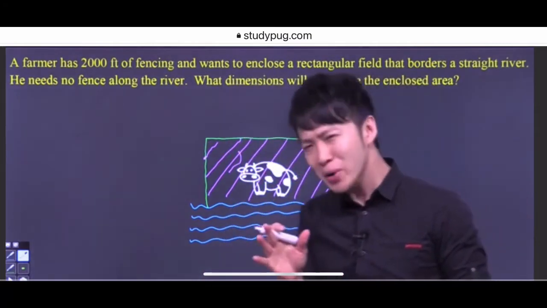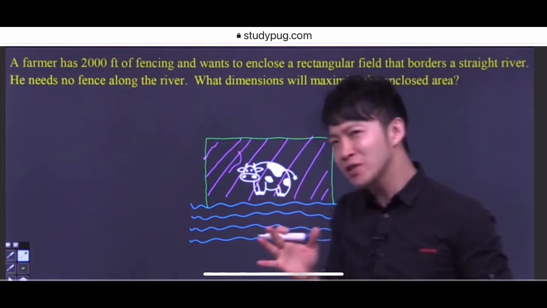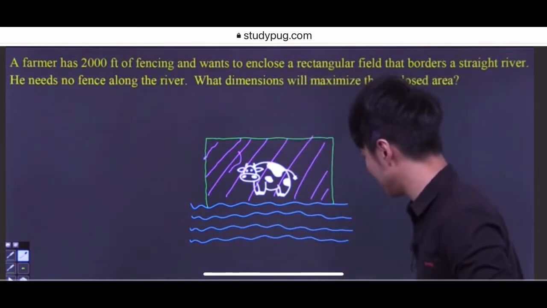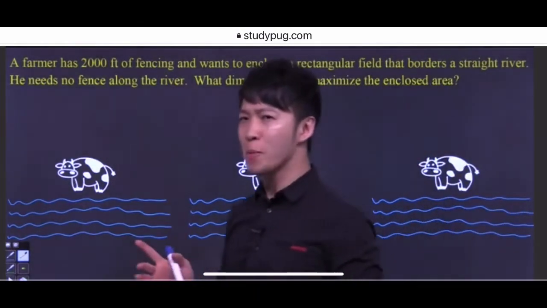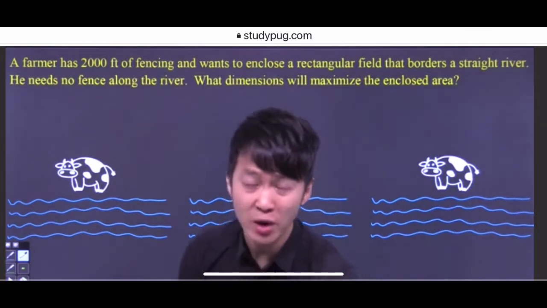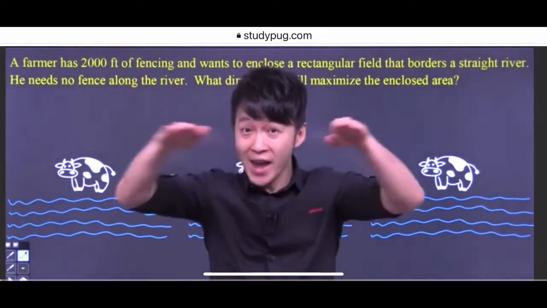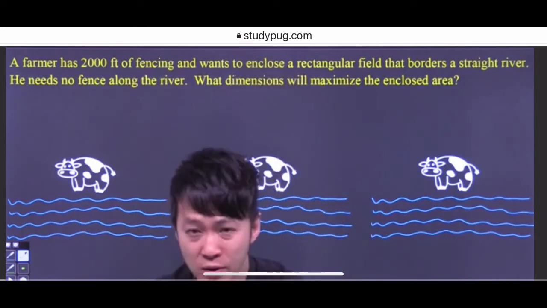To get a better understanding of the question, let's consider a few cases. One way to build this rectangular field is to build something very wide and shallow.